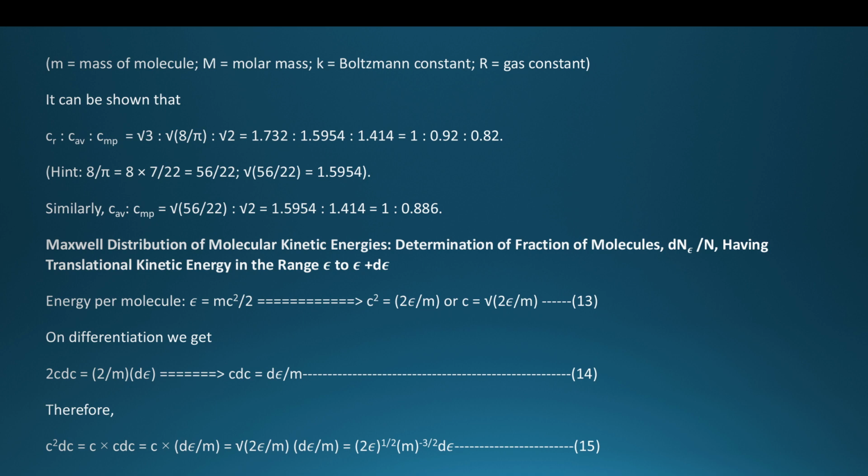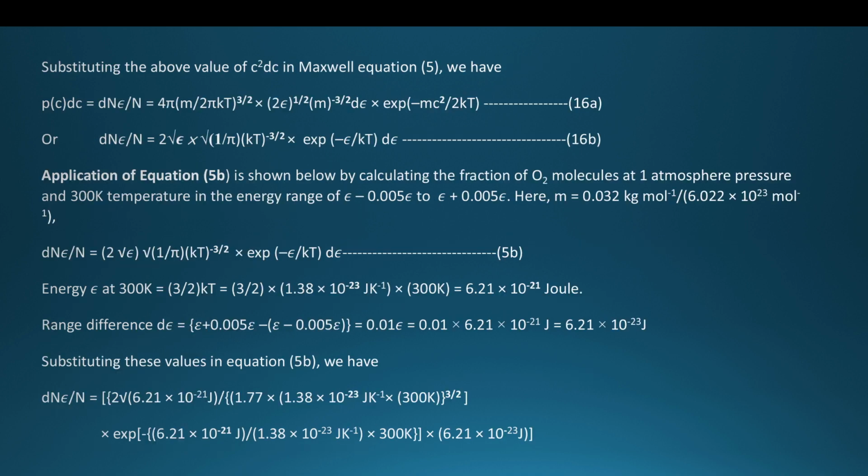It means c dc equal to d epsilon over m. Therefore, we can put the value of c square dc as c into c dc. In this manner, we derive the value for c square dc. Substituting the value of c square dc in the Maxwell equation derived earlier, we obtain the fraction of molecules having energy in this given range by equation number 16b.